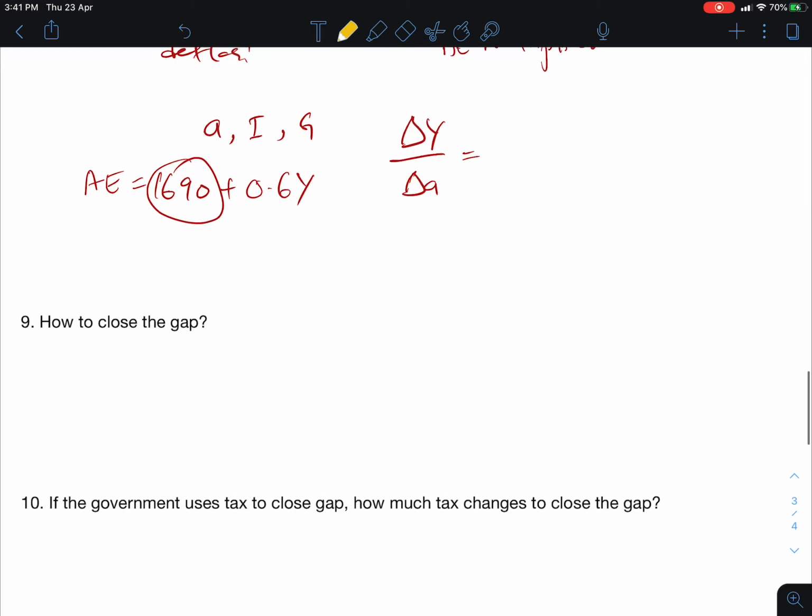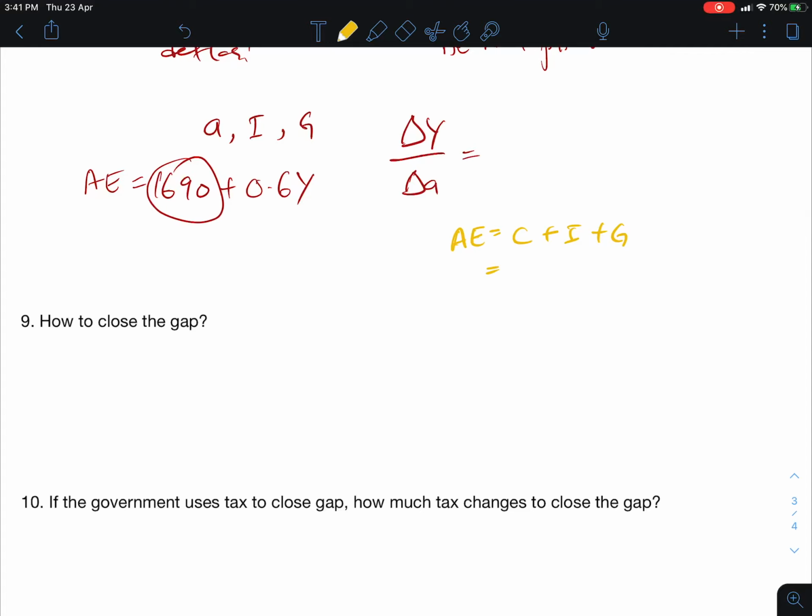Okay, untuk cari multiplier, untuk cari multiplier. Actually you simply get from the AE function, but I want to derive it one by one. Penting untuk kita tahu. Okay. AE equal to C plus I plus G. Okay.